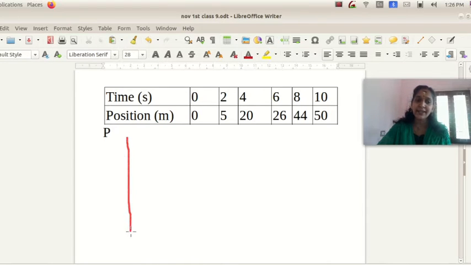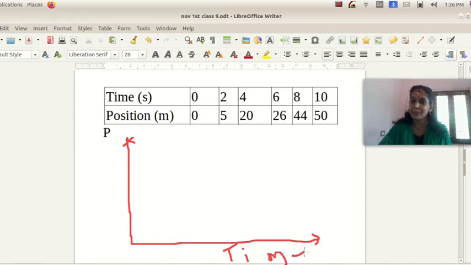While drawing the graph, in the x-axis we should take the time, isn't it? In the y-axis, you should take the position.